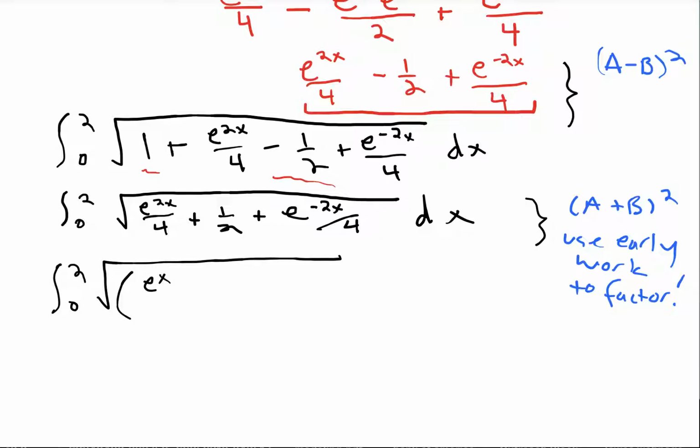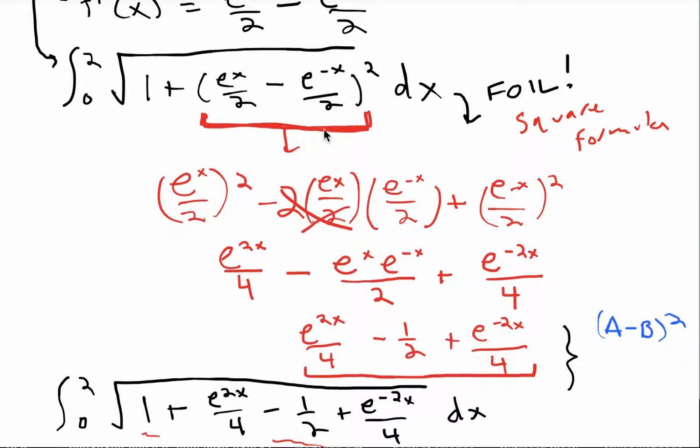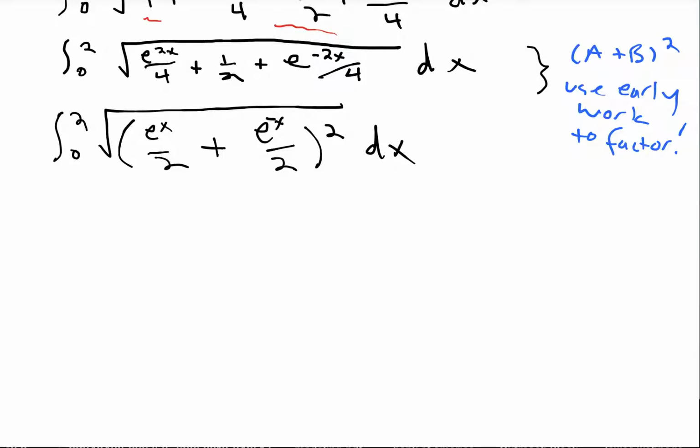It'll look like e to the x over 2 with an e to the minus x over 2, except that instead of subtracting like we did before, we're now adding those terms. If I scroll back up real quick, this looks exactly like this one, except it's got a plus sign in the middle. That's what our algebra suggests. So if I pull that factorization trick, I'm now rooting a square. This means I can take a cancellation, so it looks like e to the x over 2 plus e to the negative x over 2.